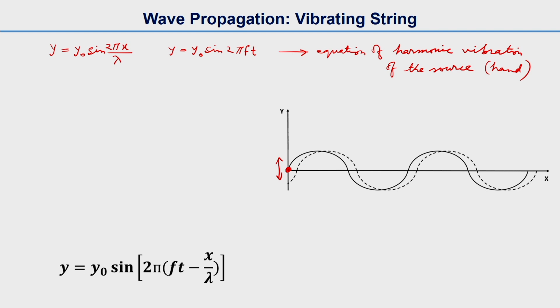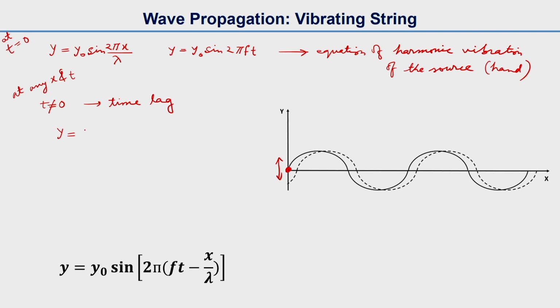So the equation of the source, that means at t equal to 0, we have this equation, but if you want to know the equation at any x and t, that means when t is not equal to 0, we need to consider a time lag. So how do we represent this equation?